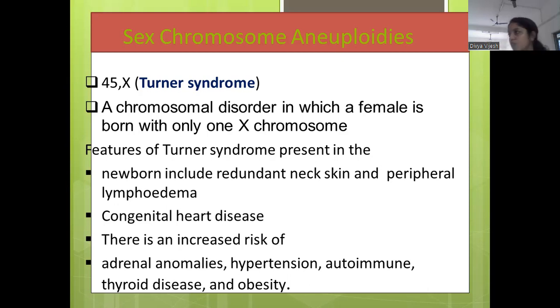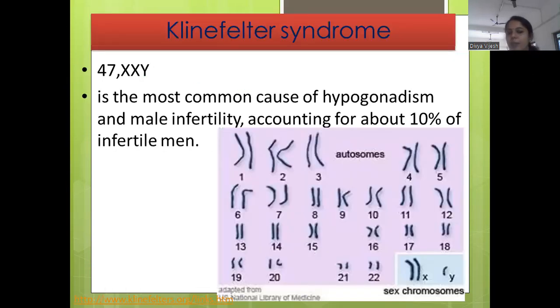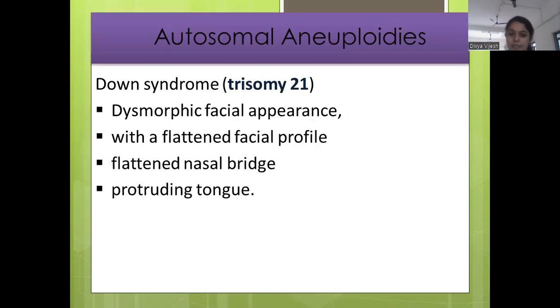There is increased risk of renal anomalies, hypertension, autoimmune thyroid disease and obesity. Klinefelter syndrome is the most common cause of hypogonadism and male infertility, accounting for about 10% of infertile men.